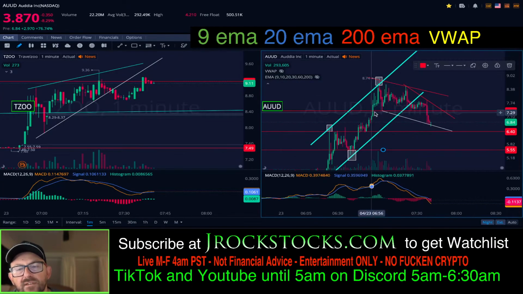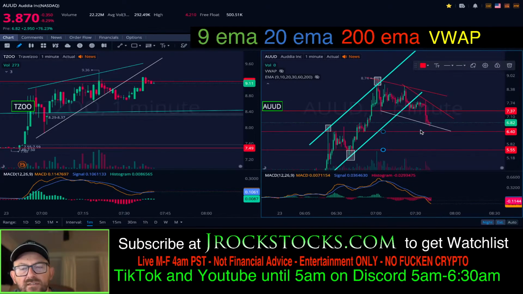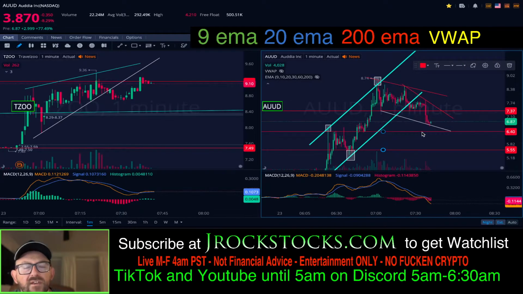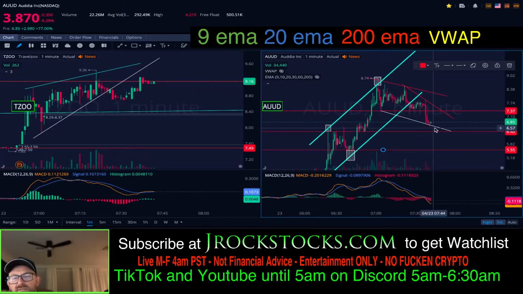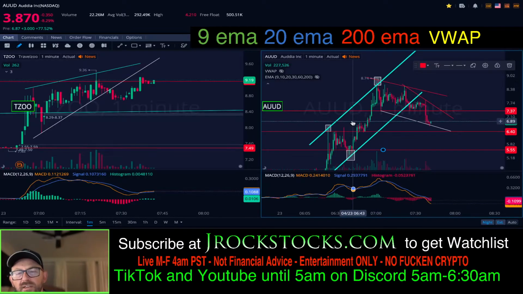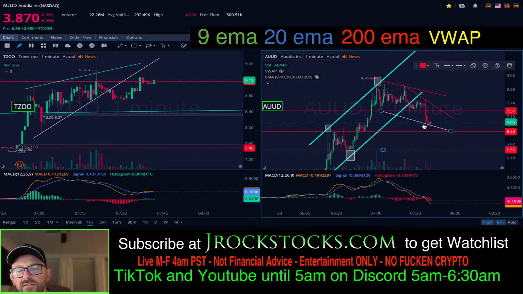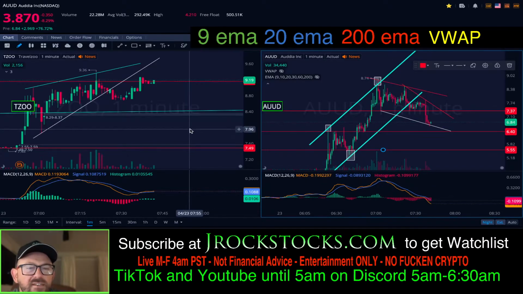So this is bullish for me. This is support for me. For someone that's going down, this is resistance. So somebody that's playing this short, it's resistance. But let's see if it bounces off of this little trend line here and off of this resistance right here, or support, depending on which direction you're going.